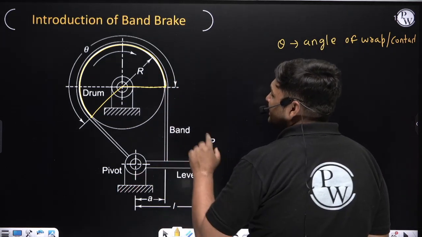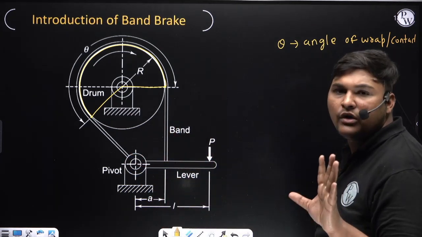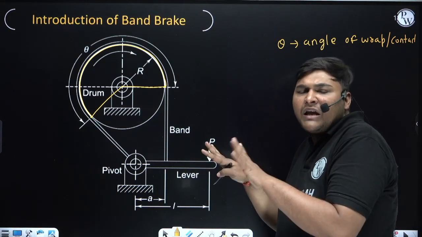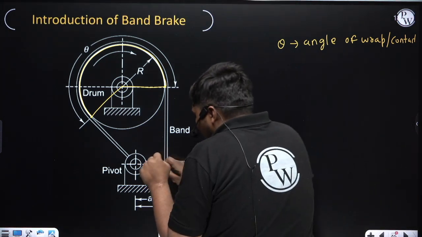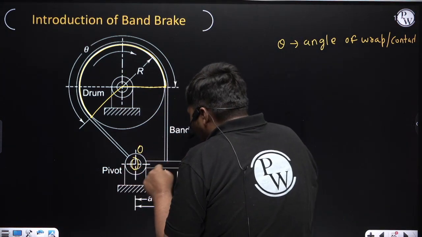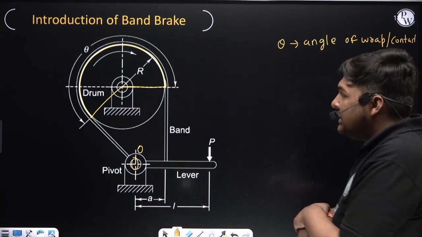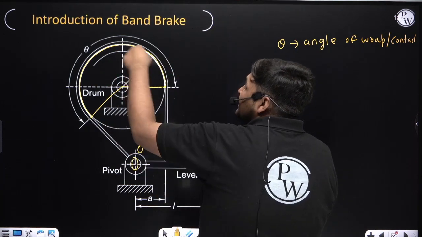Here I am not explaining how the simple band brake works; I am only explaining how a band brake works. In a band brake, this is the lever and this is the fulcrum O. We will apply braking effort P such that the band is in tension.